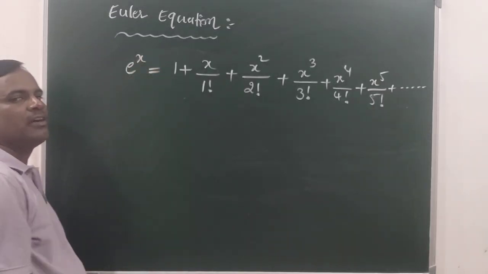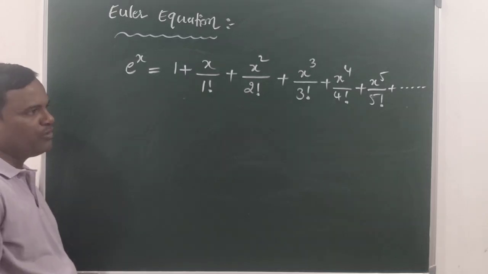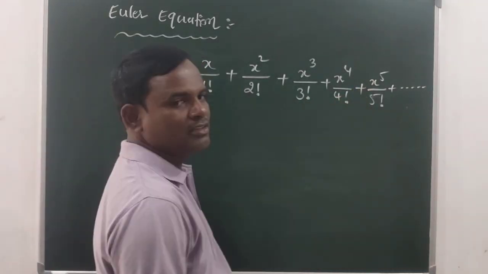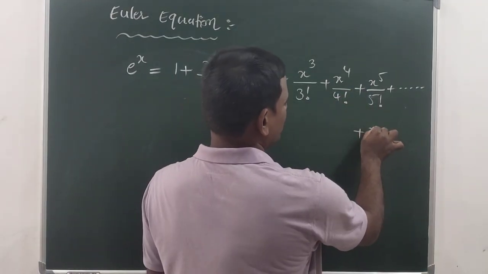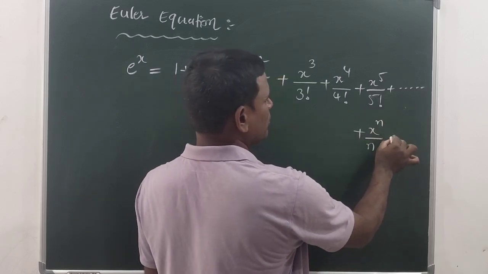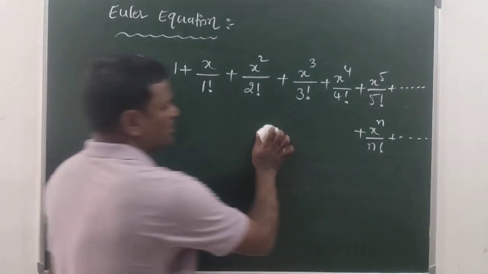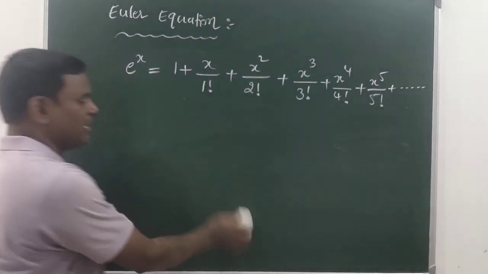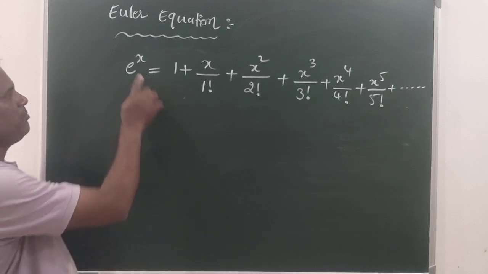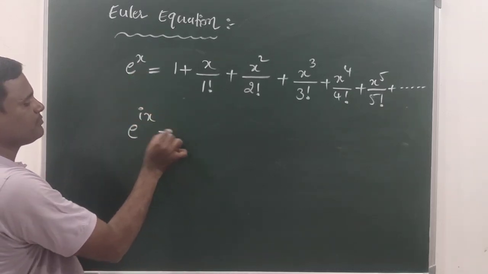So where x belongs to any real number. So if you keep on extending like that, somewhere you may get nth term like this, x power n by n factorial and so on. See, in the next step, I am going to replace this x by ix.